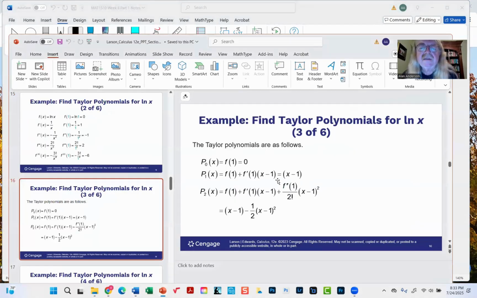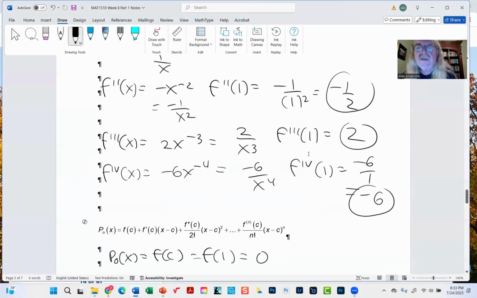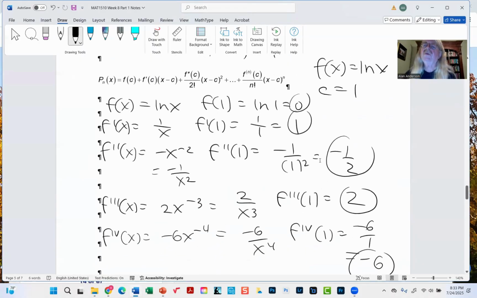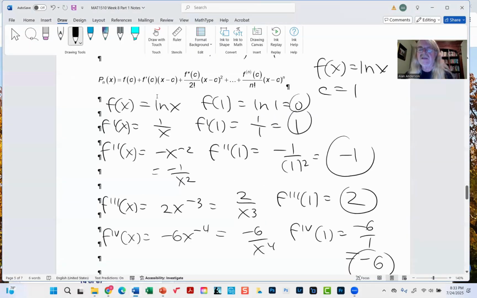Okay. And let's double check these. 0, 1, negative 1. Uh-oh, what happened? Oh, I'm sorry. This is negative 1. All right, that's better. 1, negative 1, 2, negative 6. All right, that's all we need.